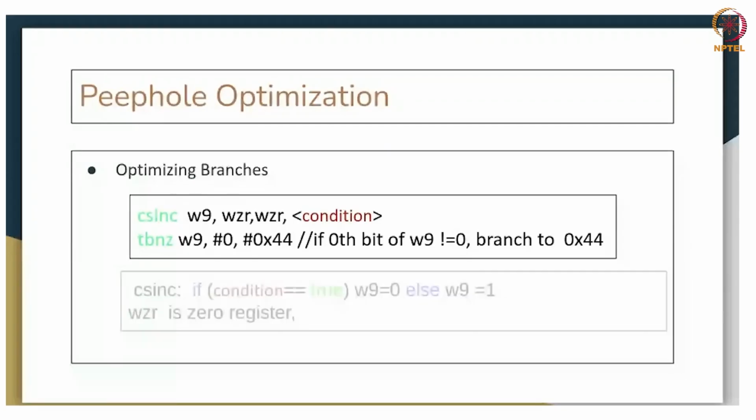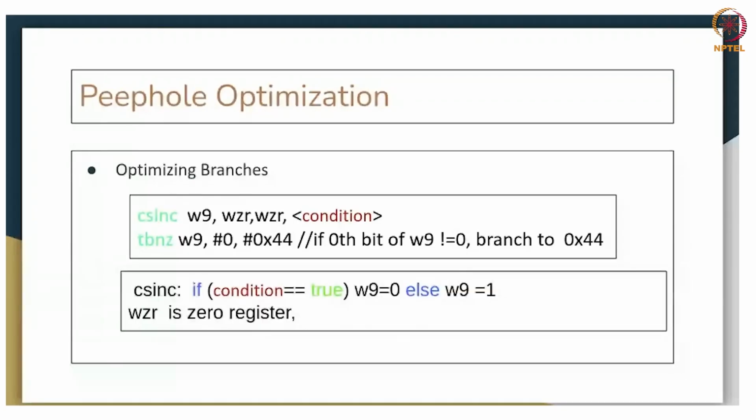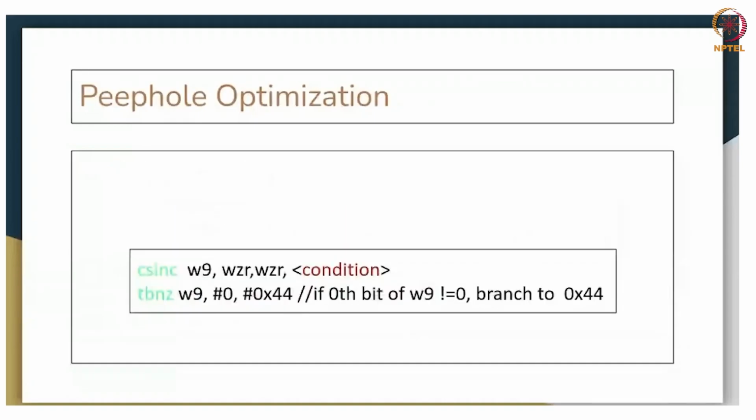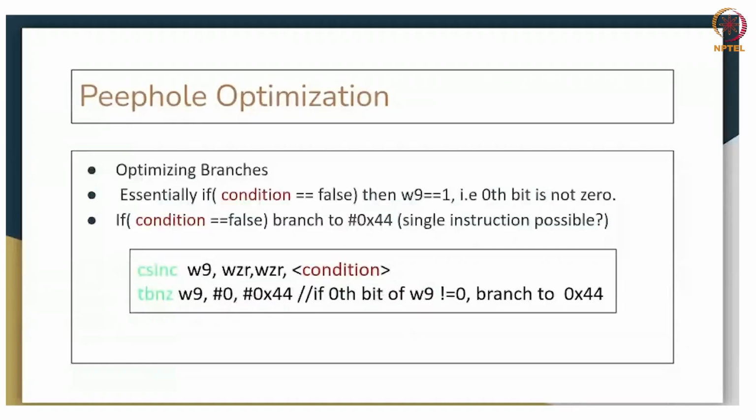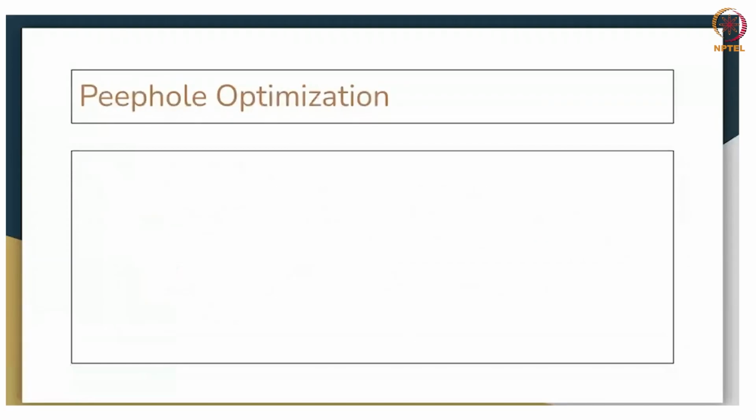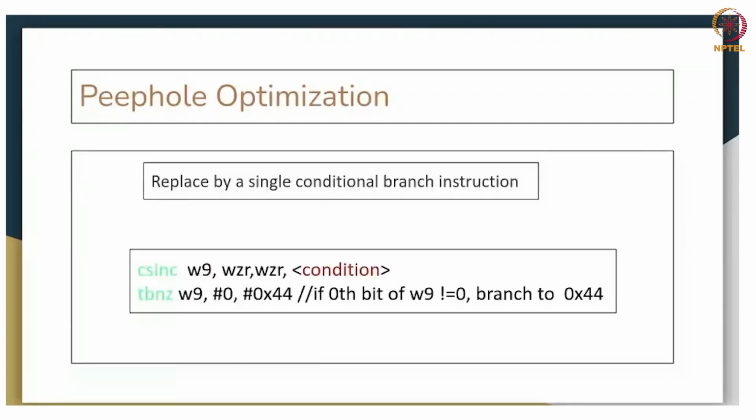So if the condition is false, branch to 0x44. A single instruction is possible. Let's say a BCC instruction is available, using which this code can be transformed into different machine code. I'm not going into detail about the architecture, but such small optimizations are possible.